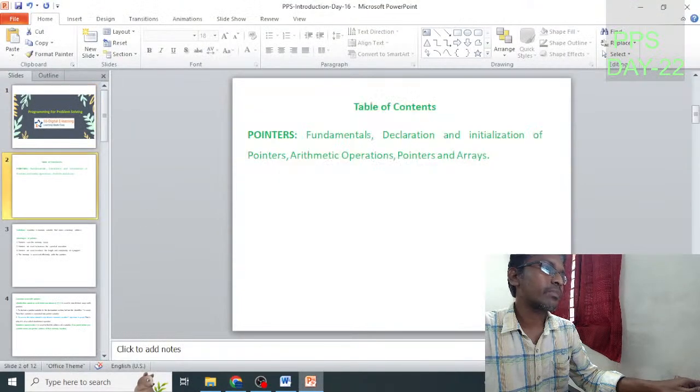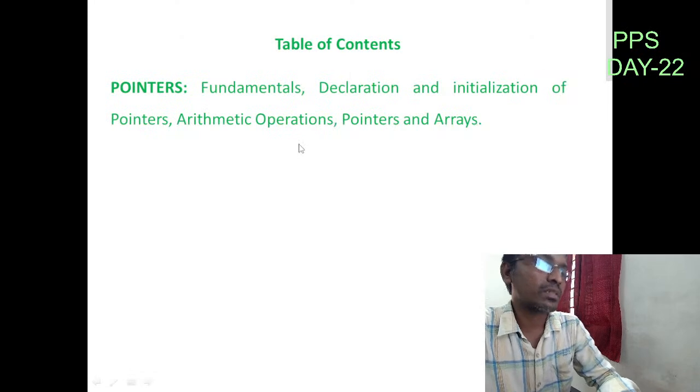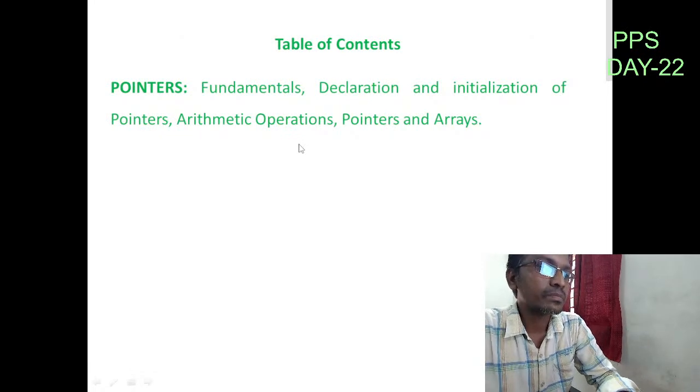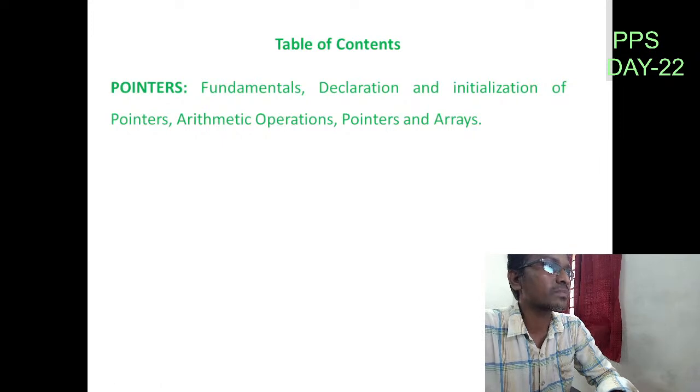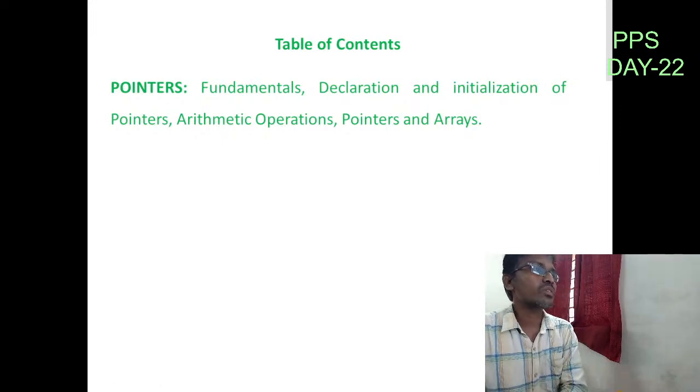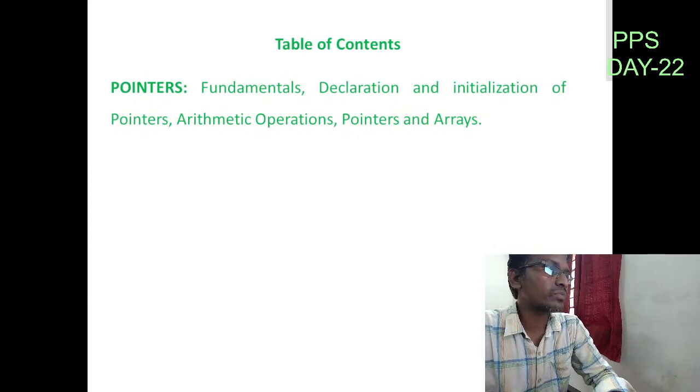That will be about pointers. So what is a pointer, or what is an array? I said at the time of discussing arrays that an array is a static data structure. That means once you declare the array size, you cannot change that size at the time of compilation or at the time of execution of the program.